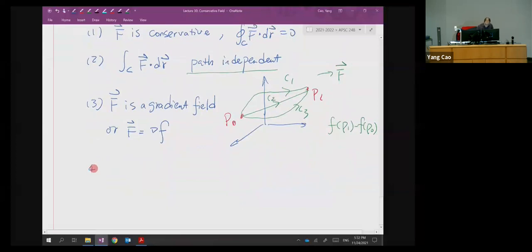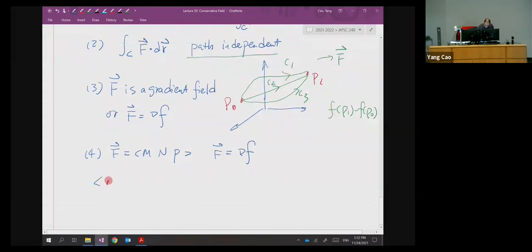Number 4 is a little bit less commonly stated. Basically, if you recall, a vector field F, if it's a 3D field, always has 3 components, M, N and P, right? Then we also know this F is a result of del f. So the 3 components of the vector field F have to be related to this scalar function f, through fx, fy, fz.